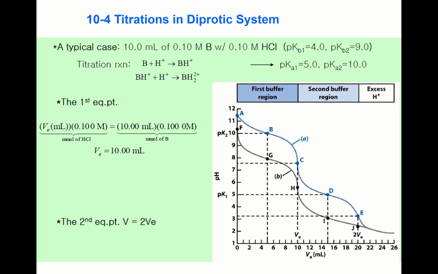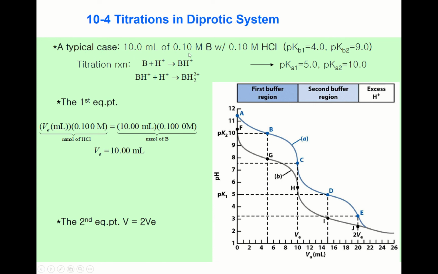So the next topic is titrations in a diprotic system. Many acids or bases are diprotic. For example, a diprotic acid like oxalic acid dissociates in two steps, or some species accept protons stepwise. Let's consider a typical case.